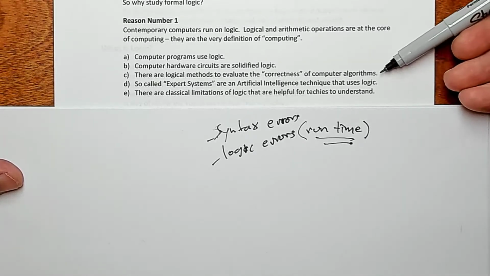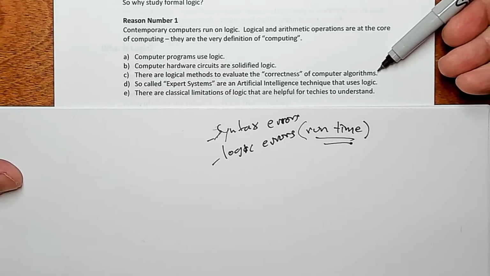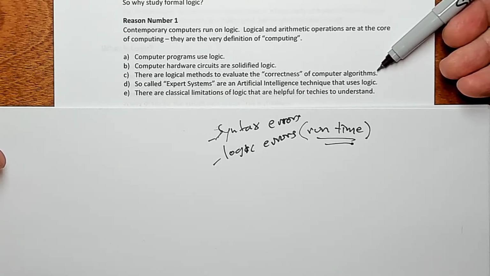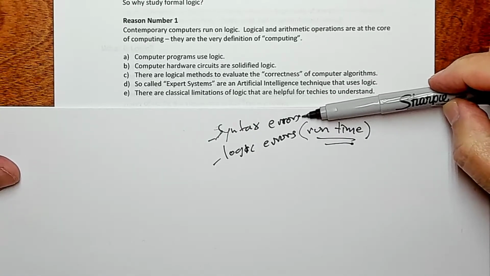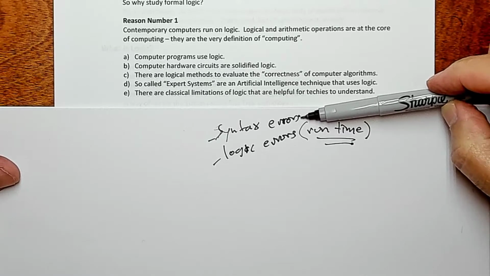So it turns out that from philosophy or whatever, there exist these formal methods that could be used to determine the correctness of a program, or they could find logical errors. Now, it doesn't work right now, but it's important to think about this because the syntax error stuff, that works.